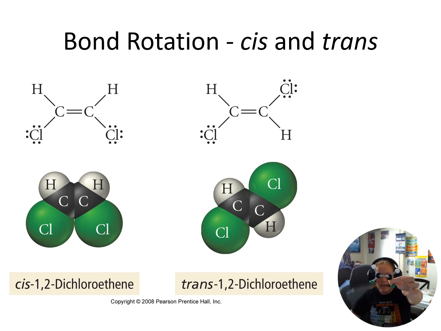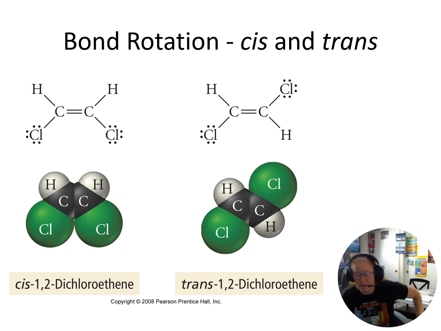These chlorines and hydrogens are fixed in place. The trans isomer, they're on opposite sides. So cis, they're on the same side. Trans, they're on the opposite side. Looks like that. And cis and trans isomerism has a lot of really important factors when it comes to whether or not things work right.